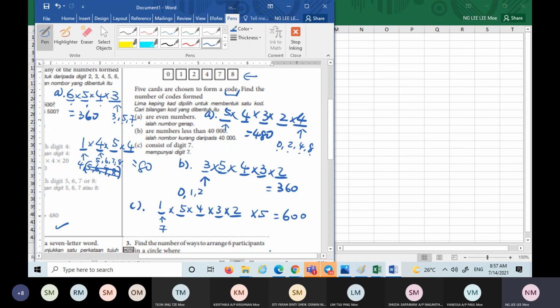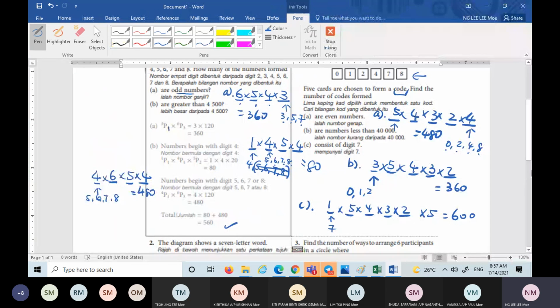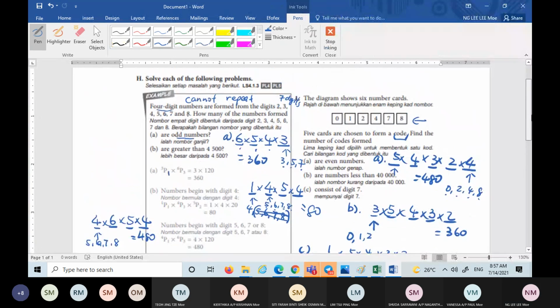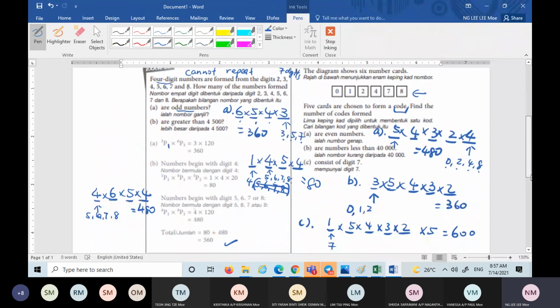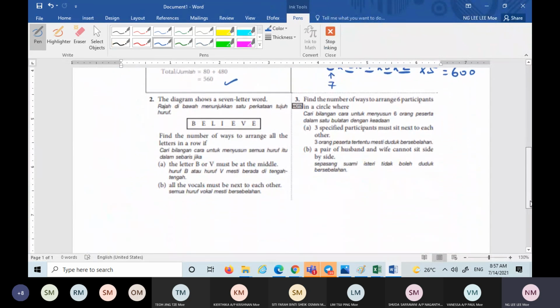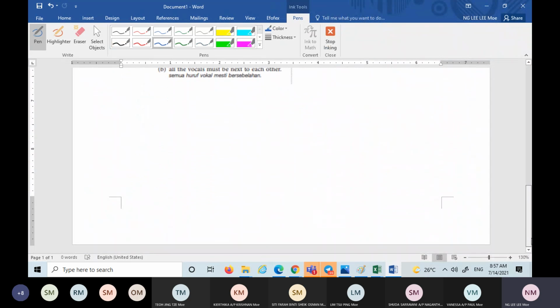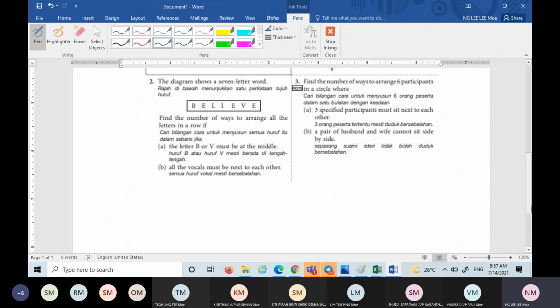For these questions, I will send them in Teams, then you open them, and you copy or print them out also can. I only managed to go through question number 1 with you. So you can do questions 2 and 3 again, and then there are another 3 more questions. Same thing, do again.